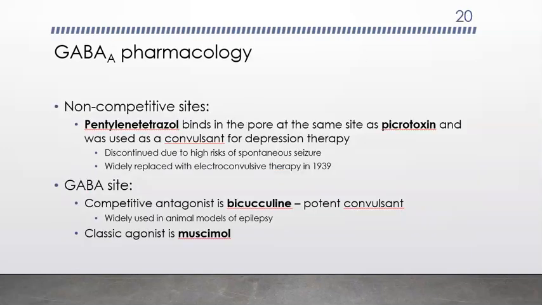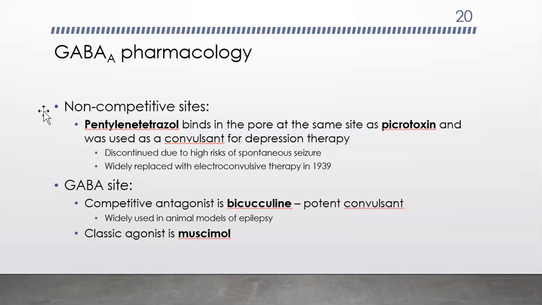Okay, so we've got non-competitive sites. An example would be pentylenetetrazol, which binds at the same site as picrotoxin, and it can be used as a convulsant for depression therapy.